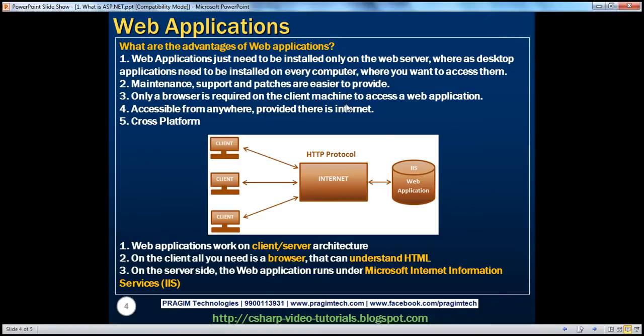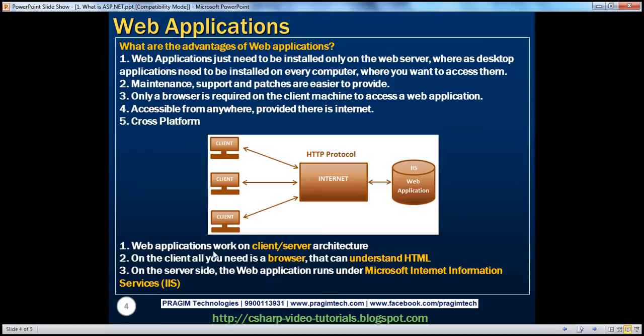Alright, now let us see what the architecture of a web application is and how web applications actually work. If you look at the diagram here, we have different clients, users, and a server which has the web application. If I want these three users to be able to access that web application, I don't have to install anything on these client machines.